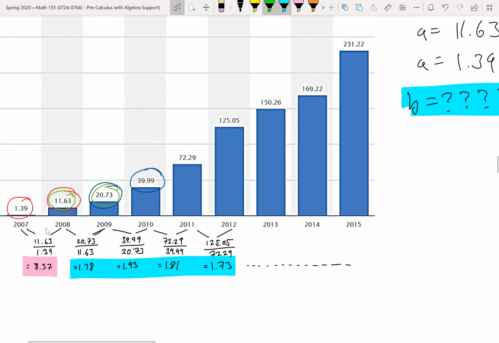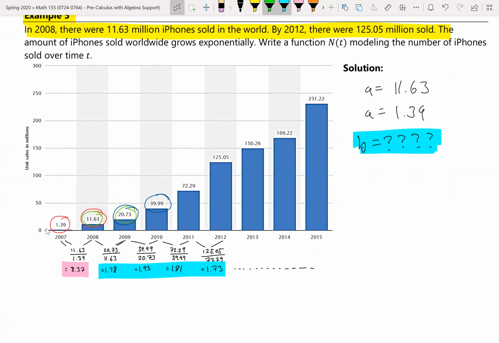So we have our answer for our B. Well, at least we have an educated guess for our B. We're going to go ahead and say it's about 1.8. Does that make sense?